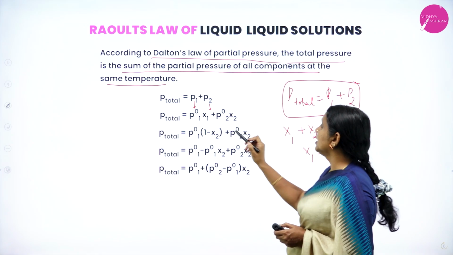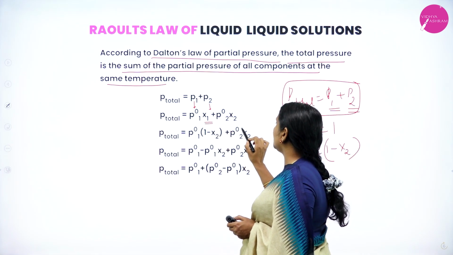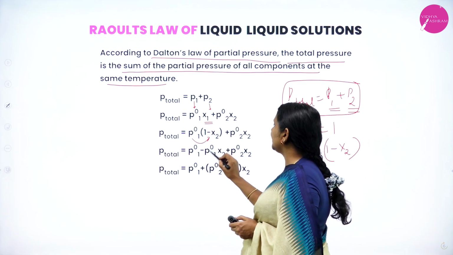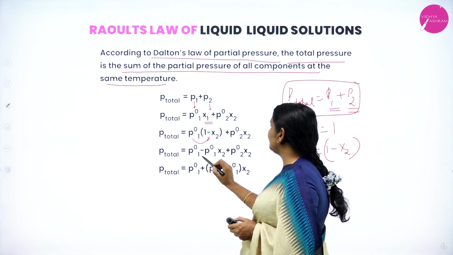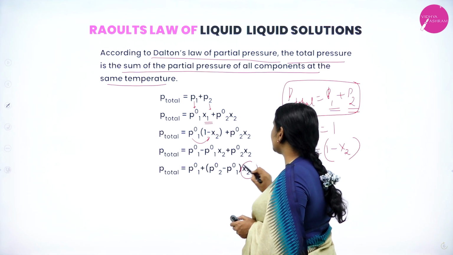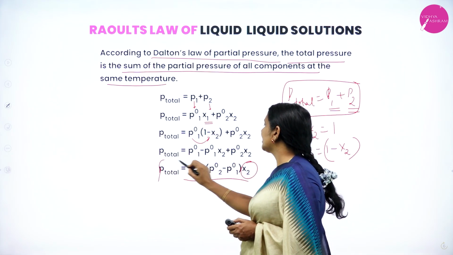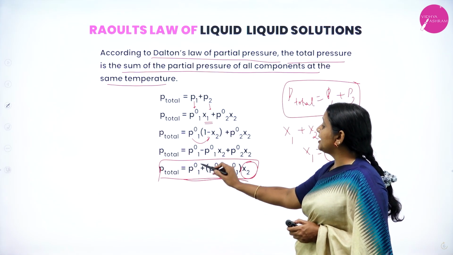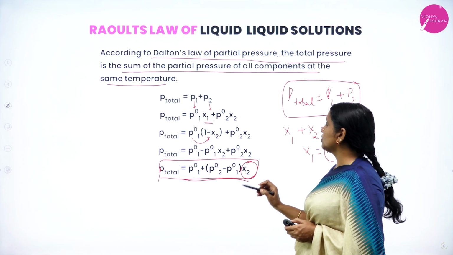Then P1 naught inside the bracket gives P1 naught minus P1 naught X2 plus P2 naught X2. Taking X2 as a common factor, we get P2 naught minus P1 naught. Therefore, P total is calculated by the formula P1 naught plus (P2 naught minus P1 naught) times X2.